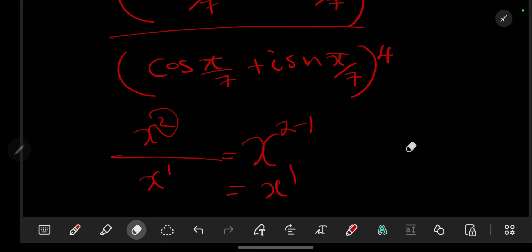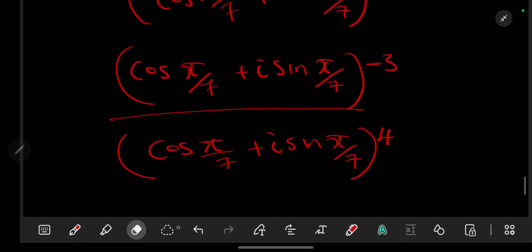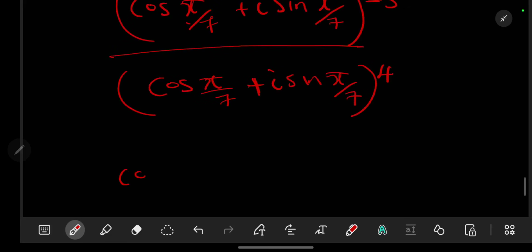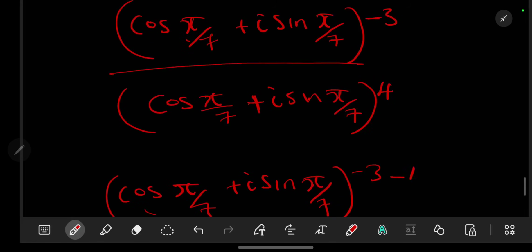Now if that is the case, as long as the two bases are the same, you are going to take one base and subtract the powers. So you just take whatever is at the top, since it is the same with this one. You say cos of pi over 7 plus i sine of pi over 7, then it is power negative 3, minus 4.